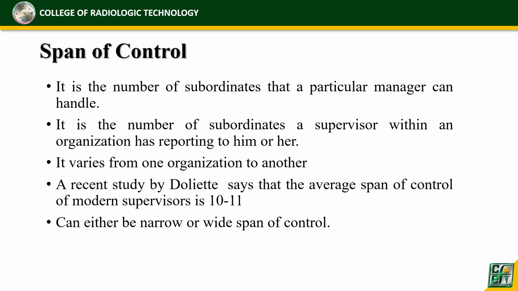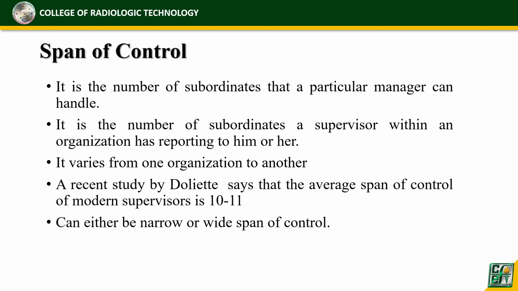Okay? And in the recent study by Doliet, okay, it says that the average span of control of modern supervisors, mind you, that's modern supervisors, is 10 to 11. In fact, the CEO of Apple, ang kanyang span of control is 11.